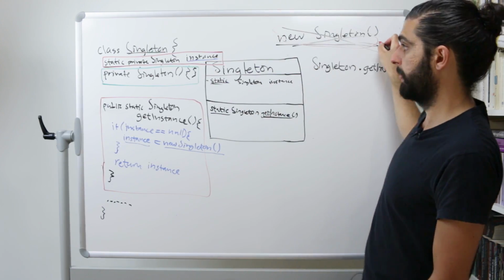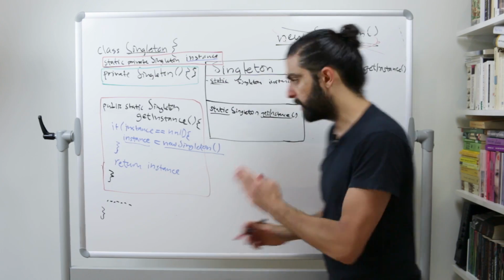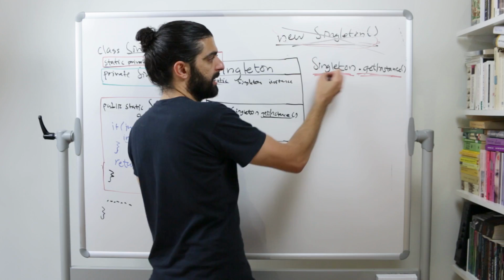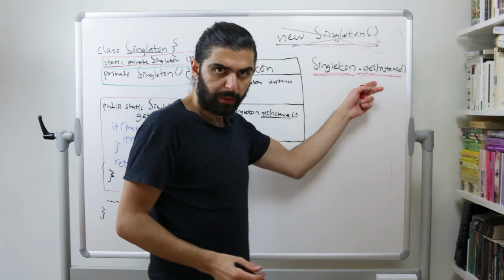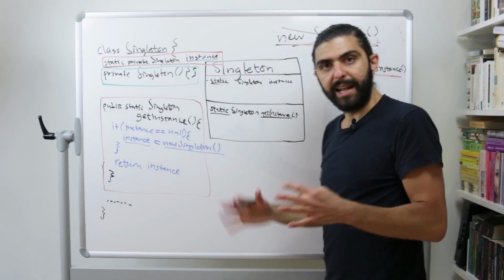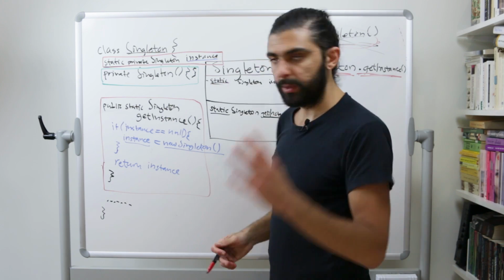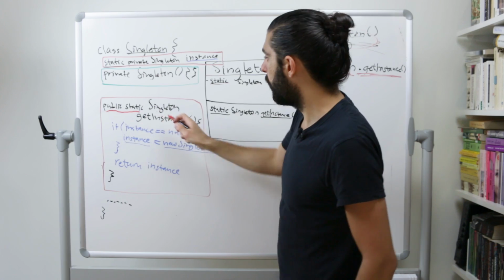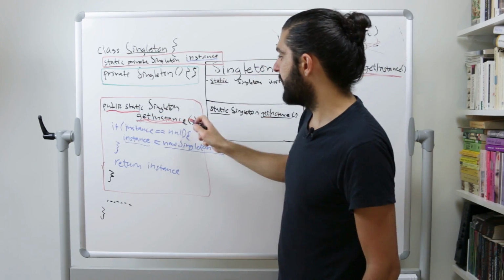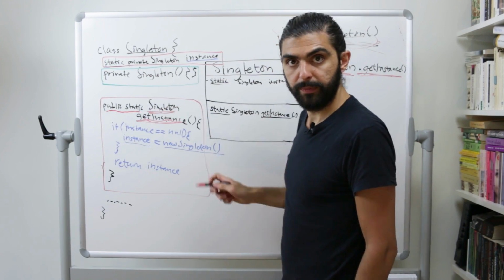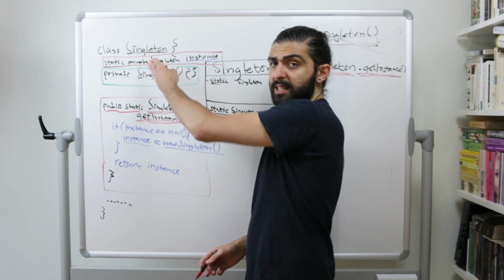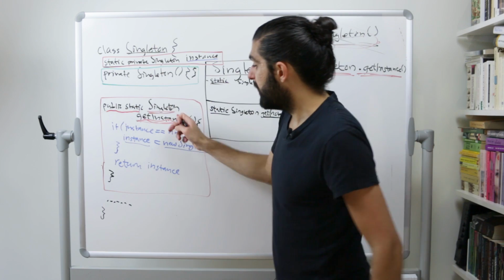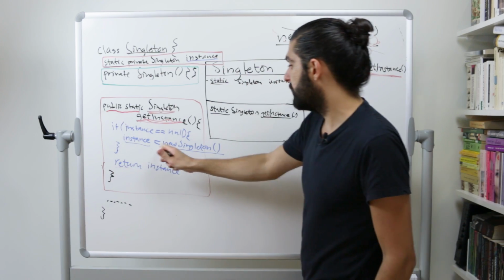Instead, we want to have a method called getInstance on the class singleton, and we want to make that method public so that we can call that method and get the same instance every time. And how we achieve that is by introducing a public static method called getInstance, and that method will return a singleton. And because that lives on the class singleton, we now suddenly have access to the private constructor. So that method can then return a new singleton.